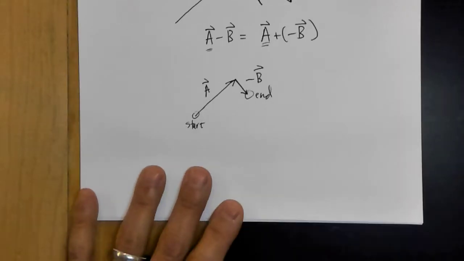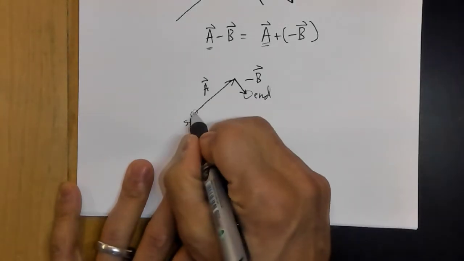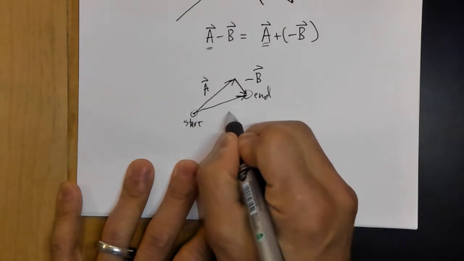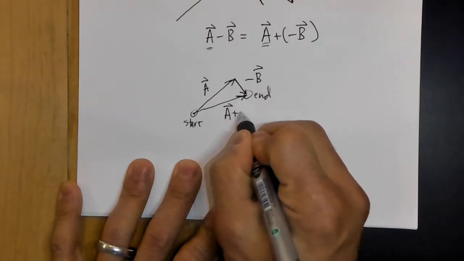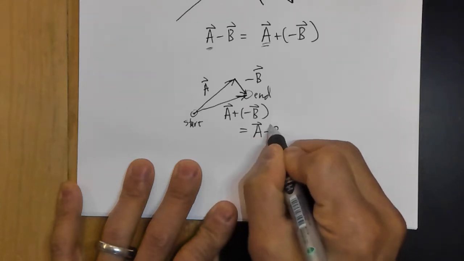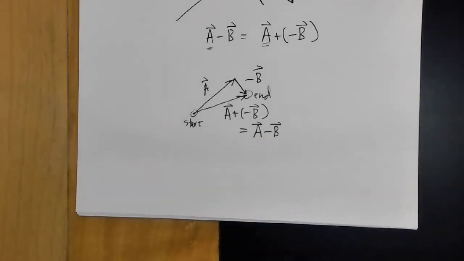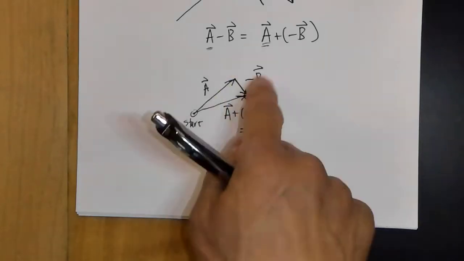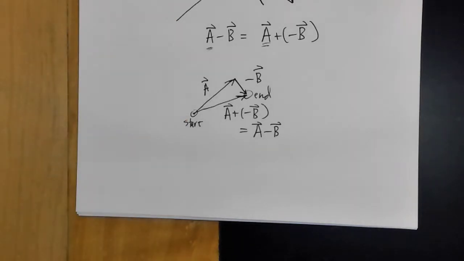And then I go from the very start to the very end. Okay, and that's A plus negative B, which we said is A minus B. Okay? Any questions about this? You just keep track of starts and ends. This is pretty straightforward.